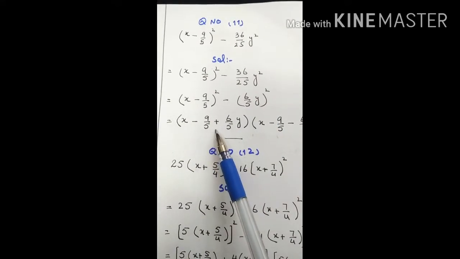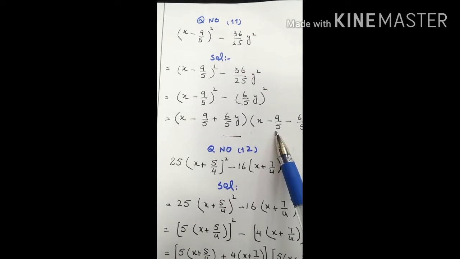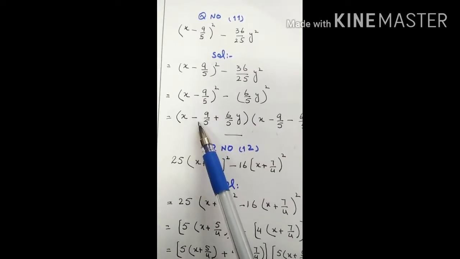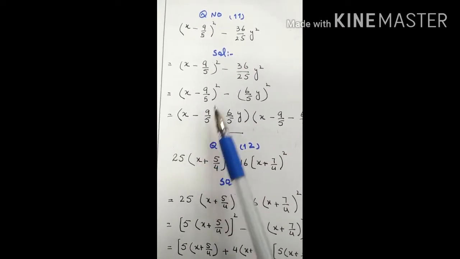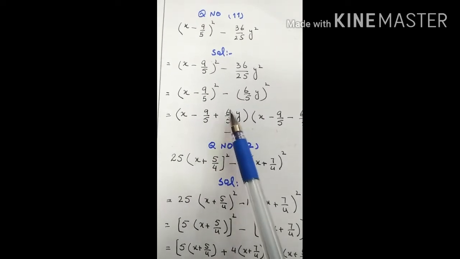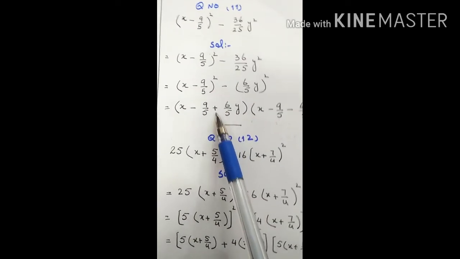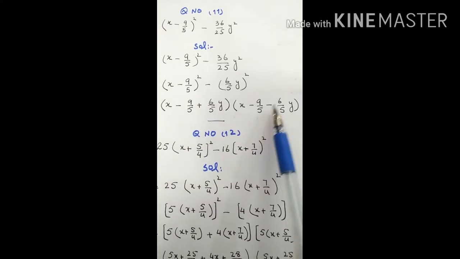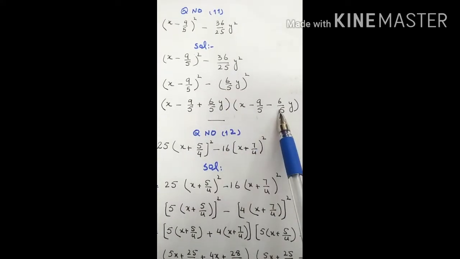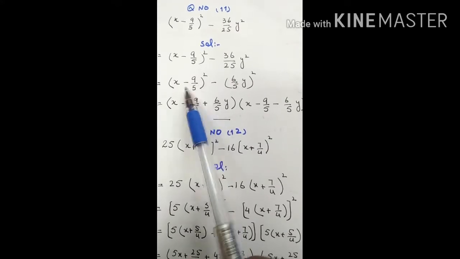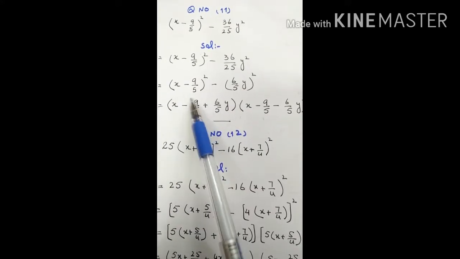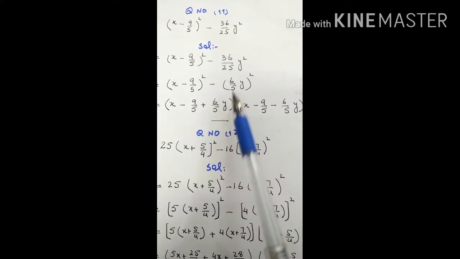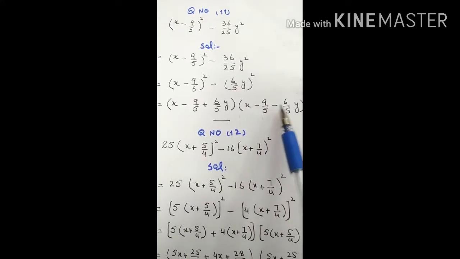Write it one time in positive and one time in negative. (x minus 9 by 5) plus 6 by 5 y, one time we have written positive. Next, (x minus 9 by 5) minus b, b is 6 by 5 y. So we have written, this is a, this is b, a plus b, a minus b. This is done.